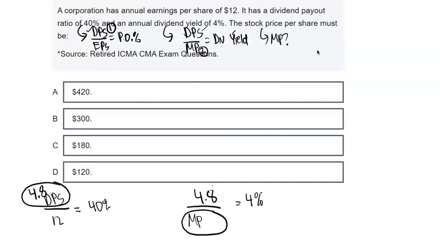Nakulangan ka ng isang zero, I should say. It should be 120. 4.8 divided by 0.04. I think 0.4 yung na-click mo sa calculator mo. So, 4.8 divided by 0.04, ayun, careful lang, it would be 120. So, the answer is letter D.